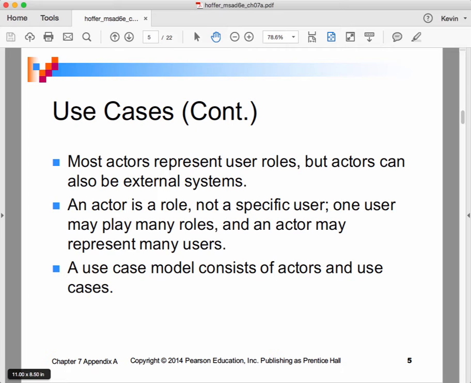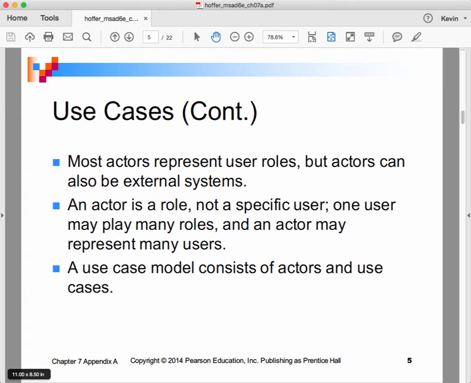An actor is a role, not a specific user. One user may play many roles, and an actor may represent many users. A use case model, which is what we're going to build, consists of actors and use cases.